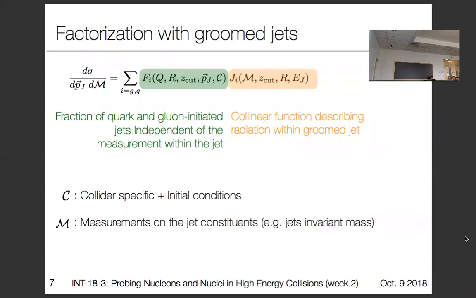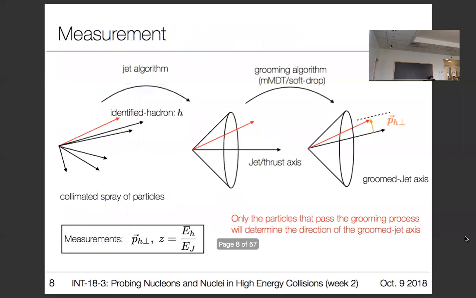So what is the particular measurement that we propose? You start with the particles that you have. You perform a jet algorithm. Let's say that it's anti-kT because it's the favorite one. And then you have a jet or a hemisphere jet, or a thrust axis. And traditionally, you will measure the transverse momentum of the identified hadron with respect to the jet axis.